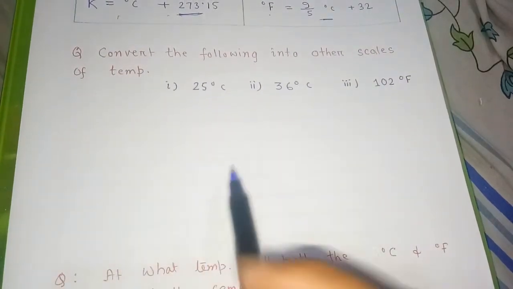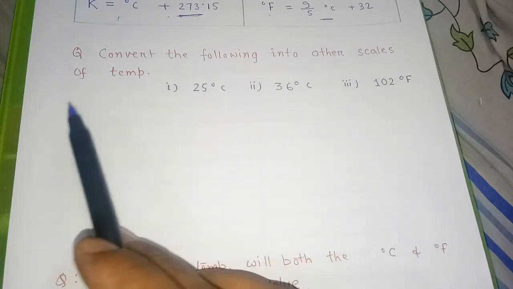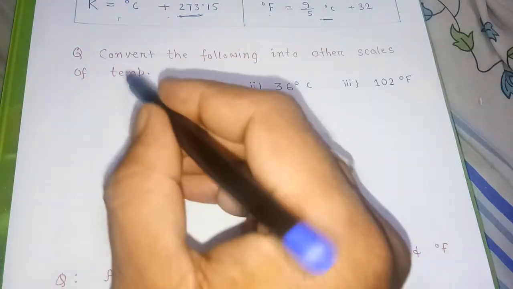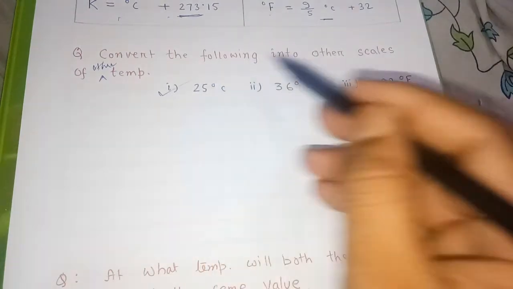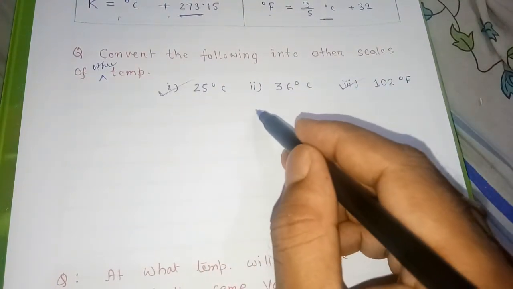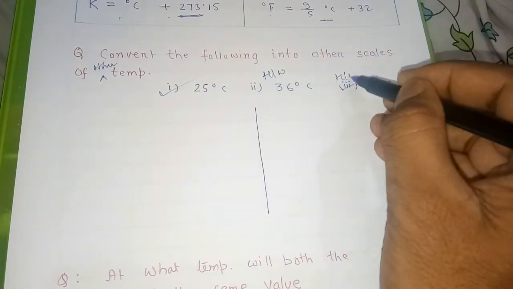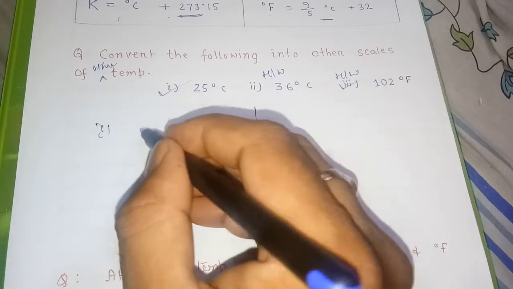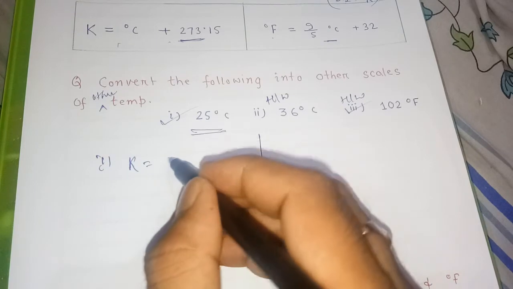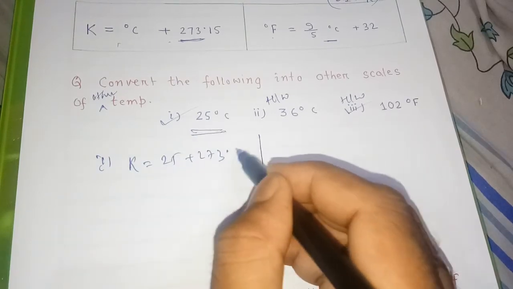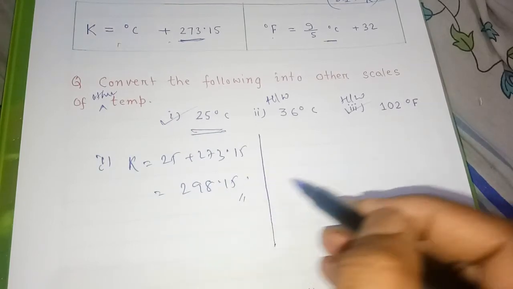Next one, convert the following into the scales of other temperature. So if we have this one and this one, for time being these things you take as homework. I think you can do. First one I am doing. So if I want to convert that one into the Kelvin scale, Kelvin equal to 25 plus 273.15, so 298.15 in terms of Kelvin.